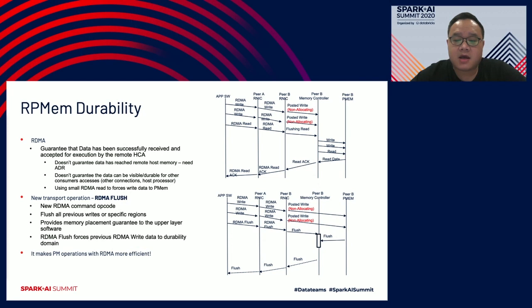With this RDMA flush, it will flush all previous writes to a specific region, and it will provide memory placement guarantees to the upper-level software. So basically, we can leverage the RDMA flush to force previous RDMA writes without another RDMA read. This makes remote persistent memory operations much more efficient.